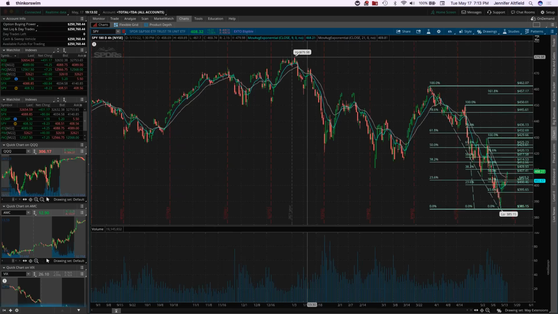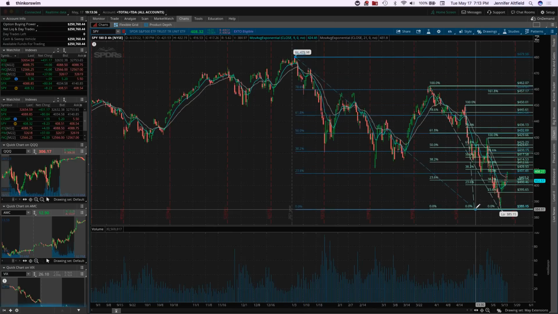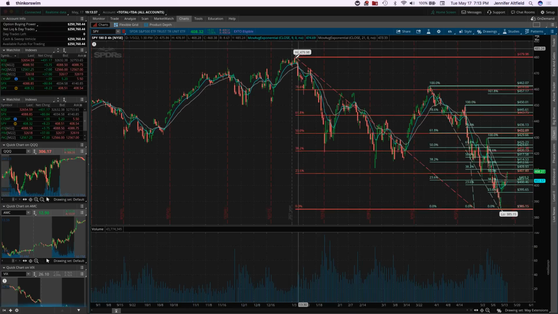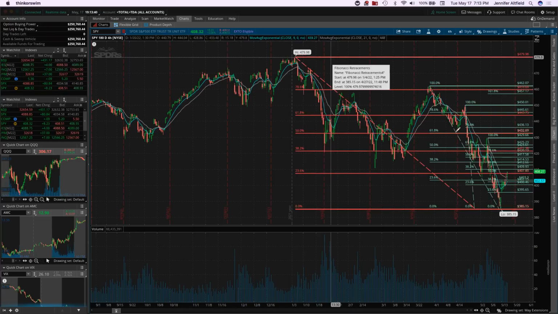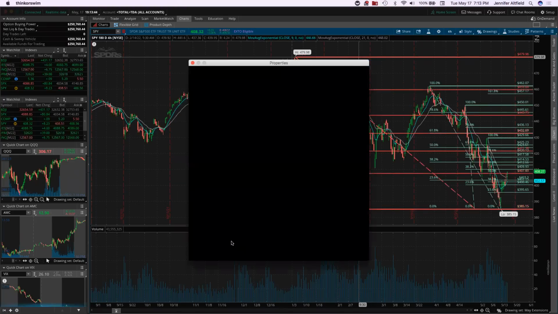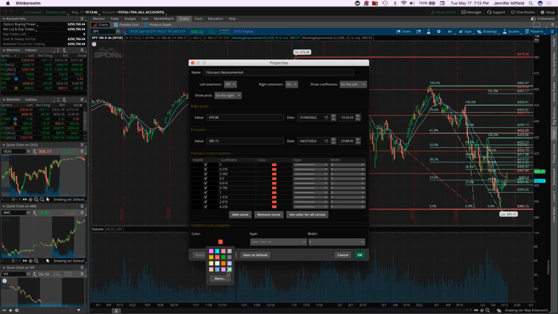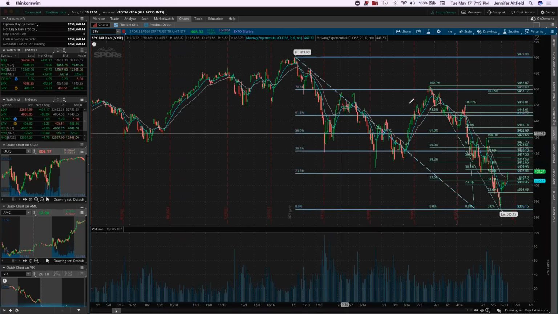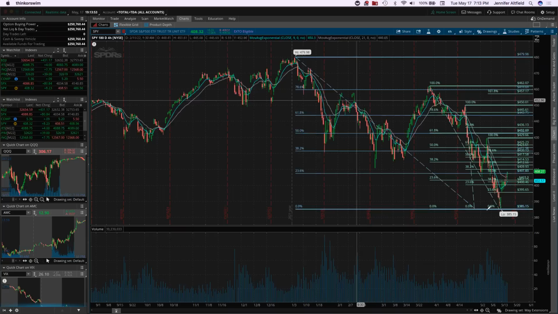The last fib that you can draw in is this high right here, 479.98 down to 385.15. All right, that's obviously the high of this 180-day chart before we sold off to make that low. Okay, so I keep this one in blue just because you did have a nice pullback up to here, so that can kind of make those less effective.